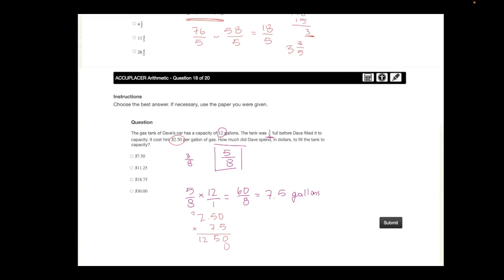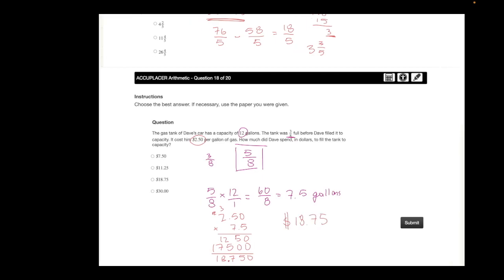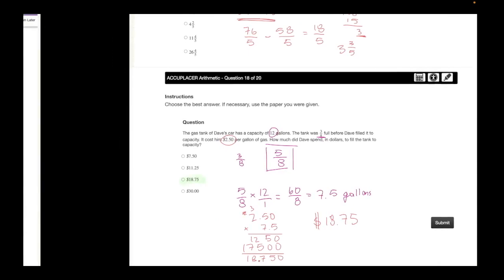We bring down a 0. That's 0 again. We get 35. And then we get 17. Okay, so then we add these values up. We have 3 decimal places, so right here. Our total is 18.75. That's how much money he used on gas.